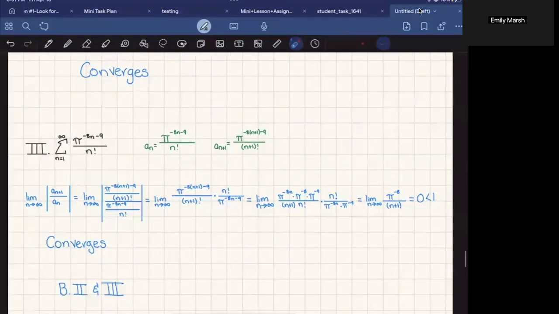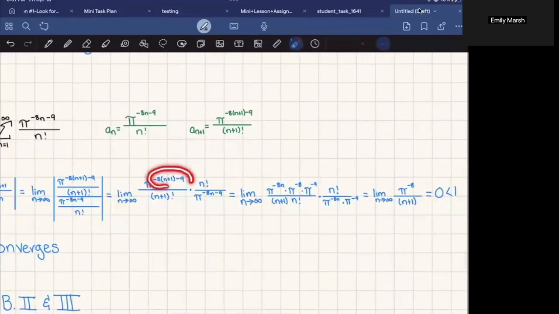So right here, you can see that we have our negative 8 times n plus 1 minus 9. So here's our negative 8n here. We have our negative 8, and then we have our negative 9. And from here, we can simplify some things.